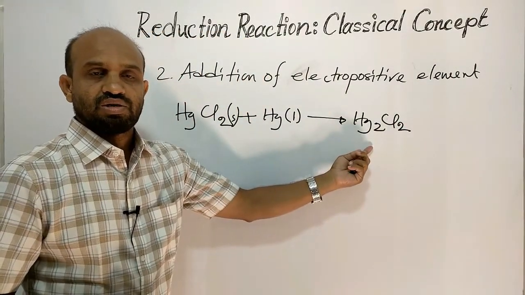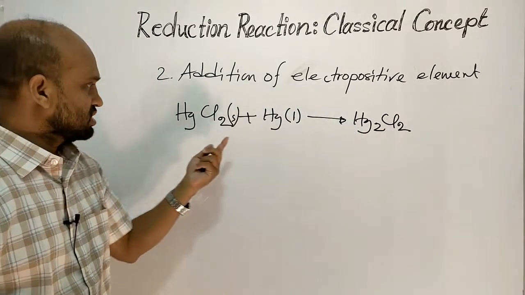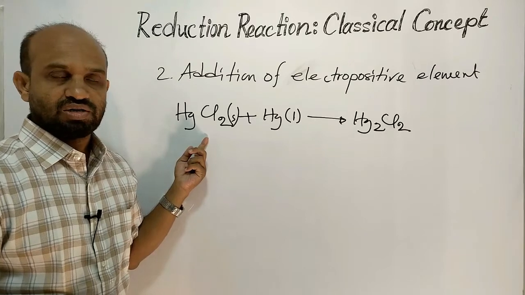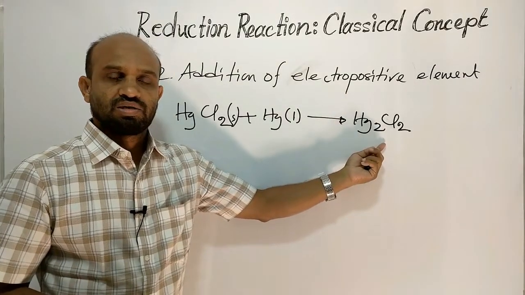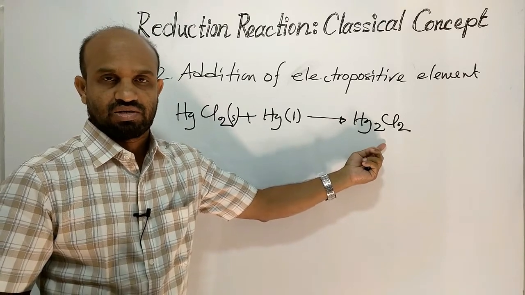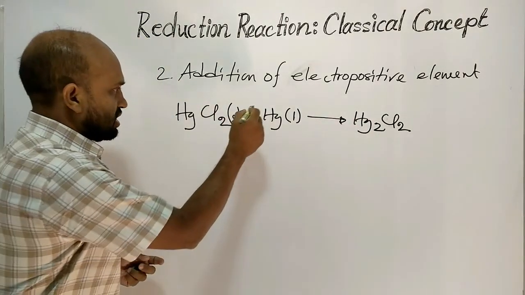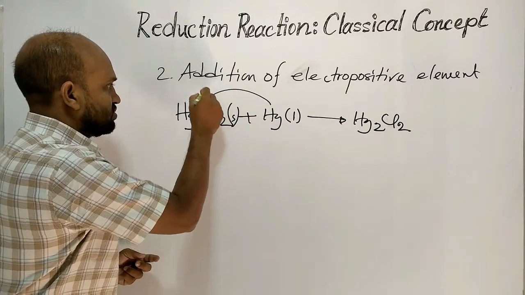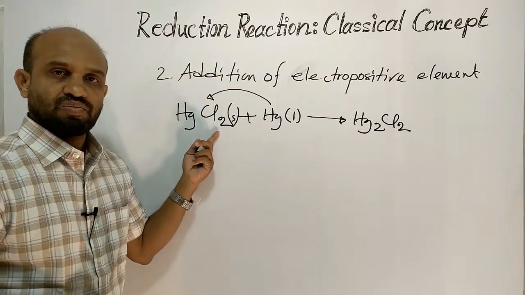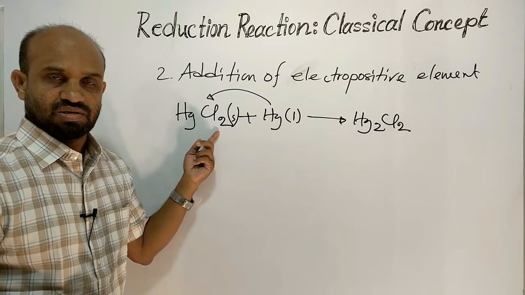That means mercurous chloride. So this is mercury 2 chloride or mercuric chloride, and this is mercury 1 chloride or mercurous chloride. Here addition of electropositive element occurs. So it's a kind of reduction reaction.